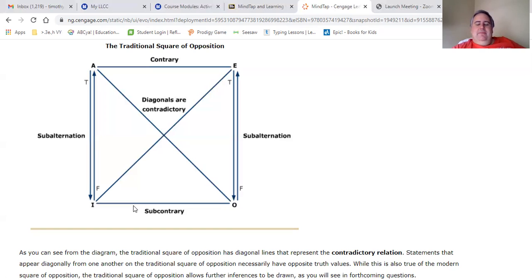Because if you say some things are a certain way and some things are not a certain way, it's quite possible that some aren't and some are. Like I could say some people in this class are male, or some people in this class are wearing hats, or some people in this class are taking it online. Then in this case, all of them are. And I could say some students in this class are not wearing hats. Some students in this class are not male or female, whatever category I decide to use.